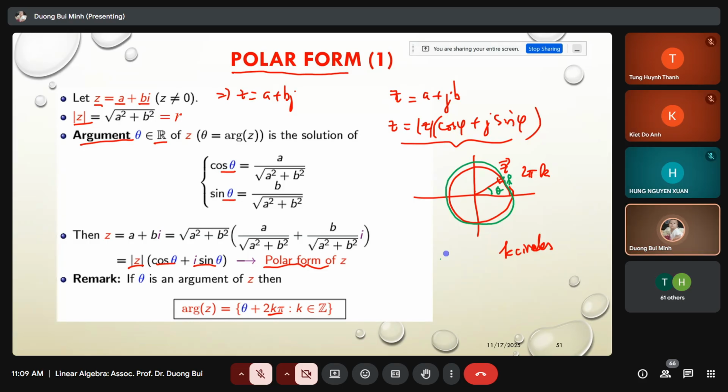So z is the absolute value of z times cosine of phi plus 2 pi k, plus j sine of phi plus 2 pi k. It's the same, because when we repeat one circle you get the same position. That is the reason you get theta or phi plus 2 pi k, where k belongs to the set of integers.